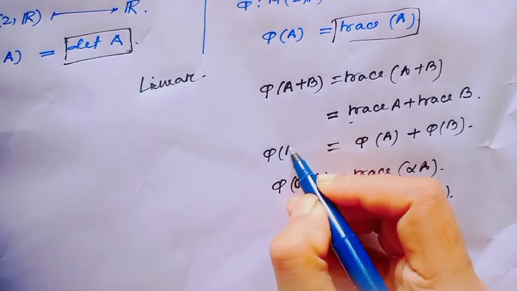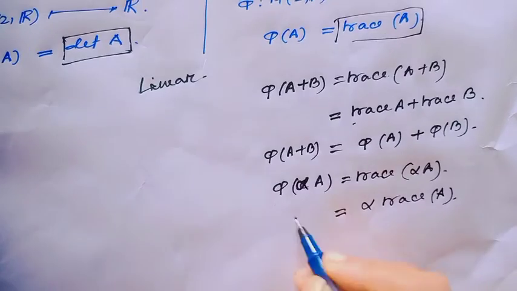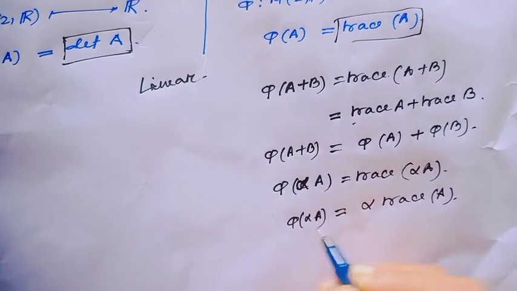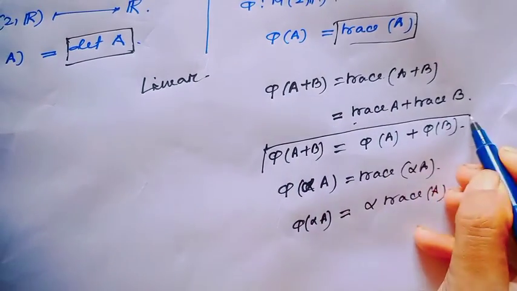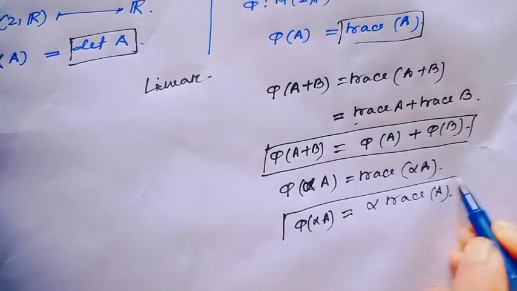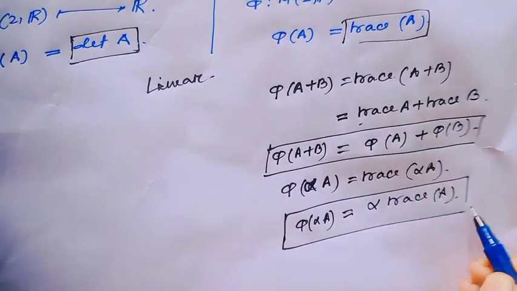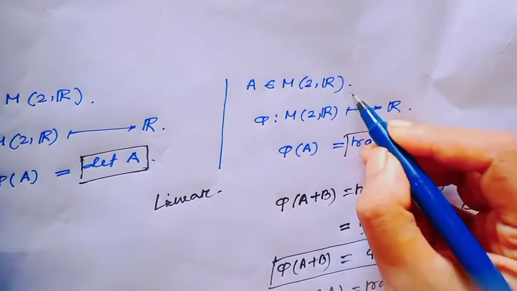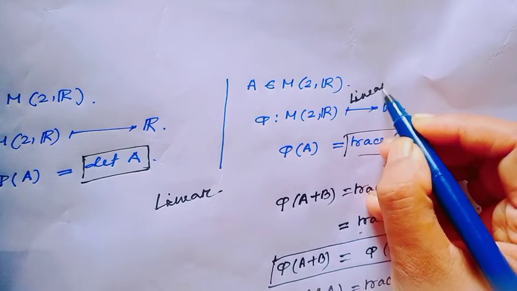Therefore, both properties of linearity are satisfied here: phi of A plus B equals phi of A plus phi of B, and phi of alpha A equals alpha times phi of A. Are you getting? That means obviously this mapping is a linear mapping.